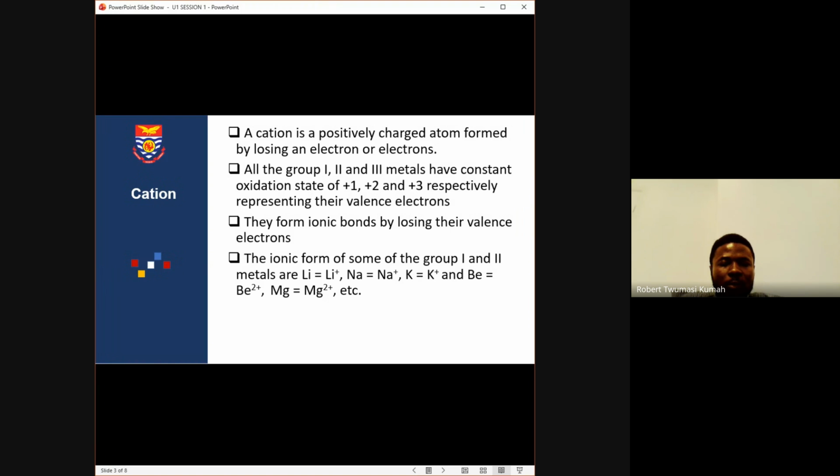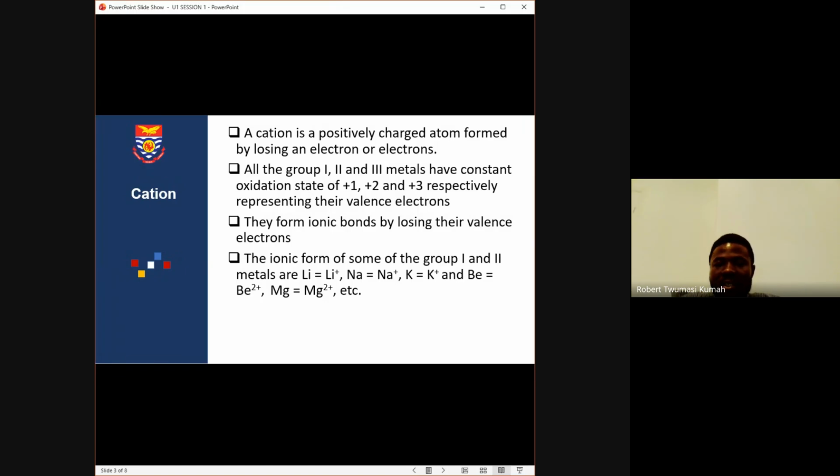However, these are not stable. If we look at their configuration using the energy levels or the shells, the first shell should satisfy the duplet rule.